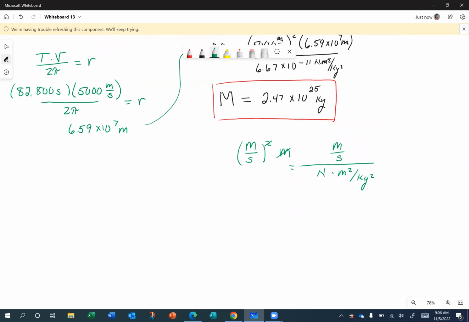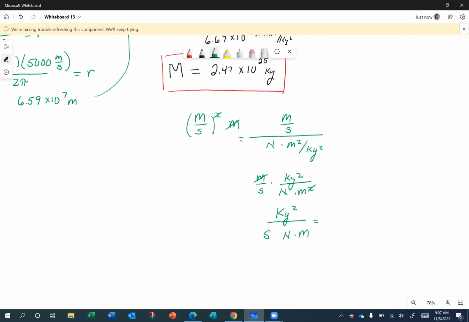So that's equal to meters over seconds times kilogram squared all over Newton times meter squared. So that meter cancels, and we get kilograms squared all over seconds times newtons times meters. Well, a Newton is a kilogram meter per second squared, so we get kilograms squared.